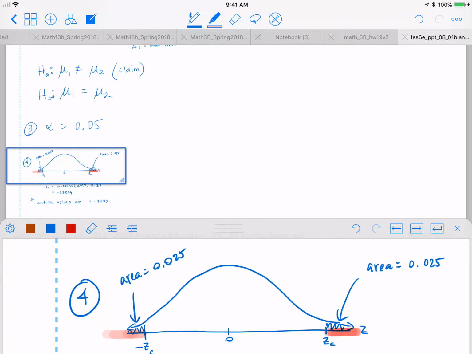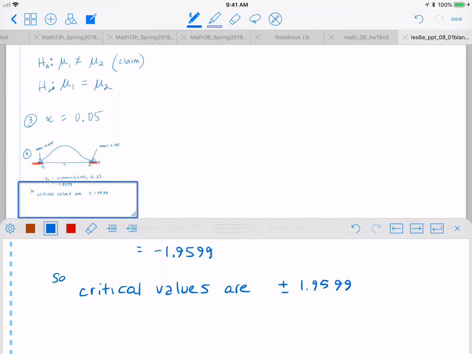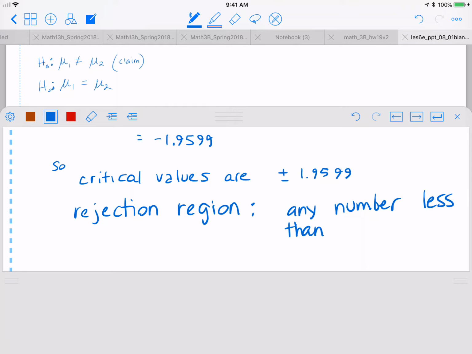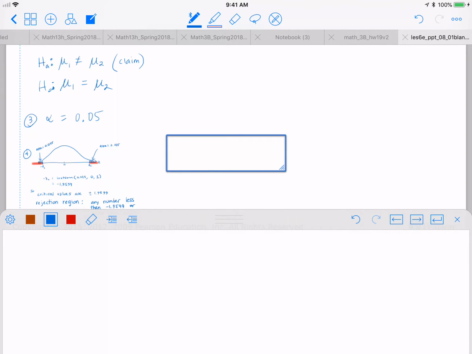So I've got my rejection region here. Next thing I need is my test statistic.